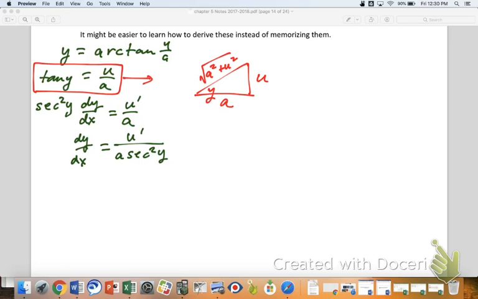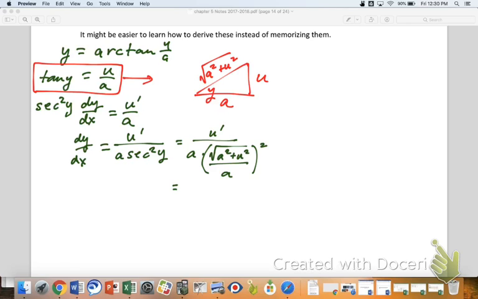So we'd get dy dx equals u prime over a times... I don't know how you guys remember this, but I remember that secant is just the reciprocal of cosine, and cosine is adjacent over hypotenuse, so secant would be hypotenuse over adjacent, right? They're just reciprocals. So it'd be hypotenuse over adjacent, and let's not forget that we are supposed to be squaring the result, because it's secant squared.